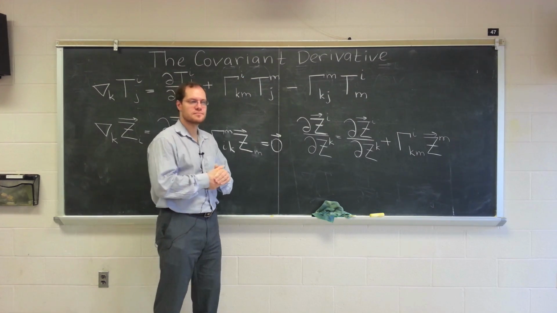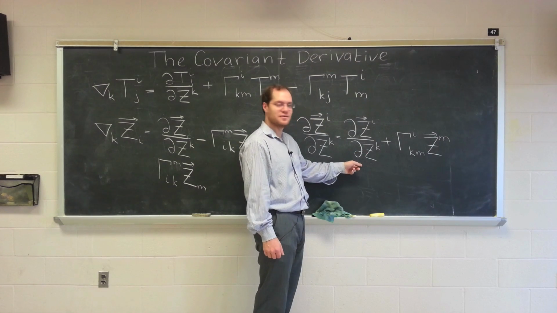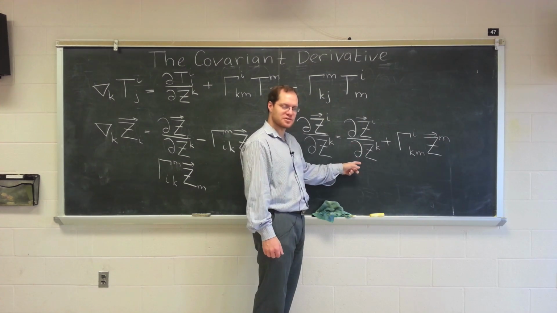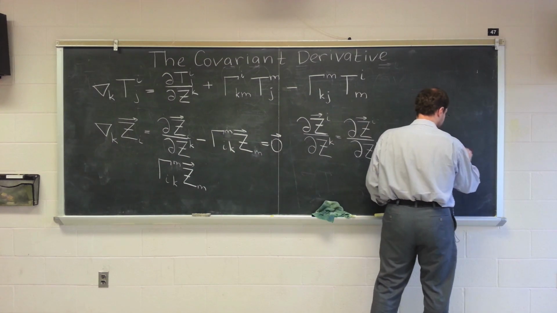Zero. Because if you express this, as we did just a moment ago, in terms of the Christoffel symbol, we'll get exactly minus this term. So this is also zero.